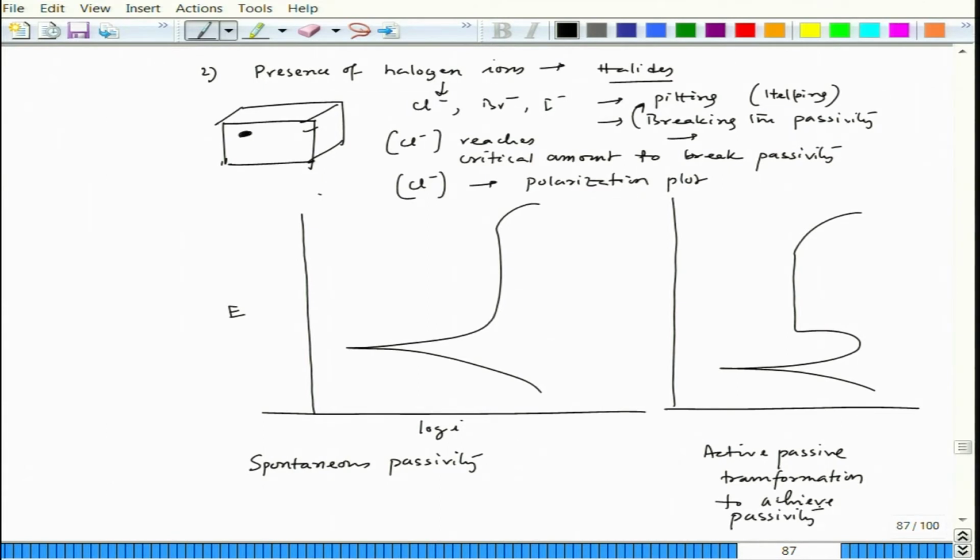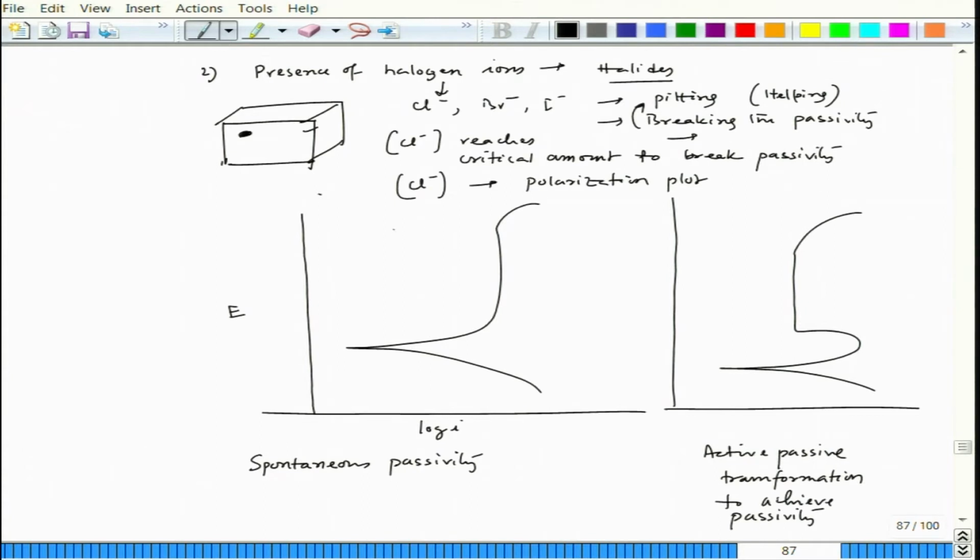Fine. Now, if you go back to mixed potential theory, you would come to know how these diagrams arrive. It is all based on the interaction between cathodic and anodic lines.